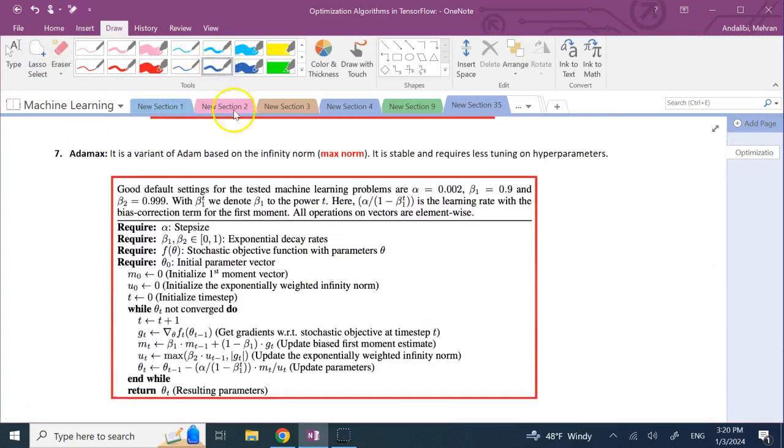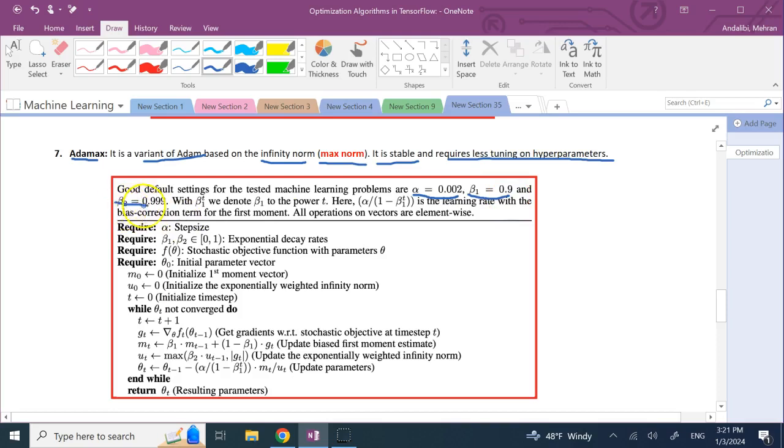Adamax, which is Adam with a max norm or infinity norm, is just a variant of Adam. So it is just using the infinity norm or max norm. It is a stable method and it does not need a lot of tuning of hyperparameters. And it suggests some values to go for.